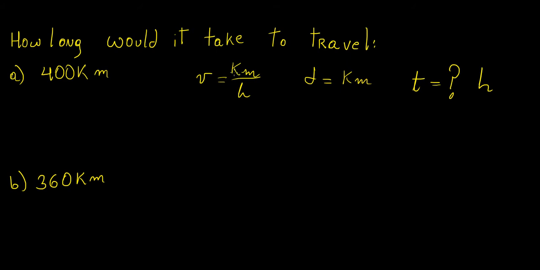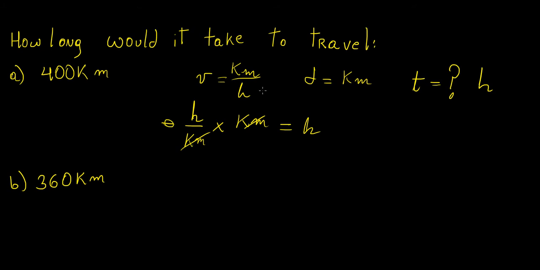However, if we swap around these two, so if we write this as hours over kilometers and then multiply by kilometers, then we would be canceling out those units, which means that we will be left with just the hours, which corresponds to the time. But in order to swap these two around, we also need to swap the speed around.